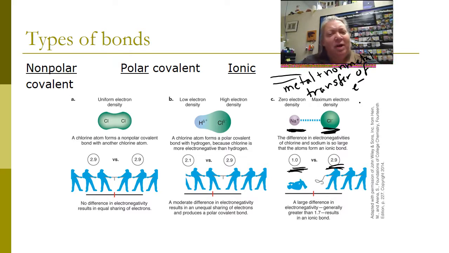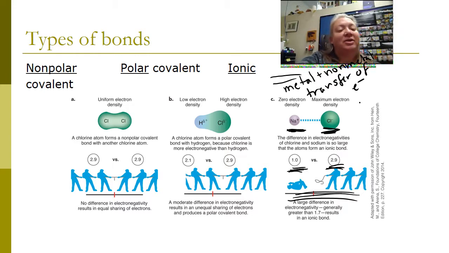Notice that it's showing that with a dashed line. It says, okay, there's an attraction here, but it's not actually a sharing of electrons. They're just attracted to one another. Now, to demonstrate that, if you look down a little bit further, we have a little tug of war. And here we're showing how one team has lost. It gave away its electron, it lost that electron. So that's ionic.